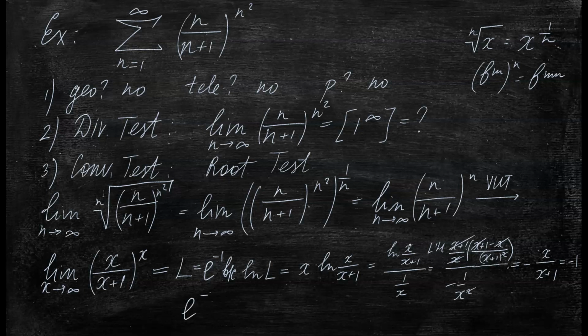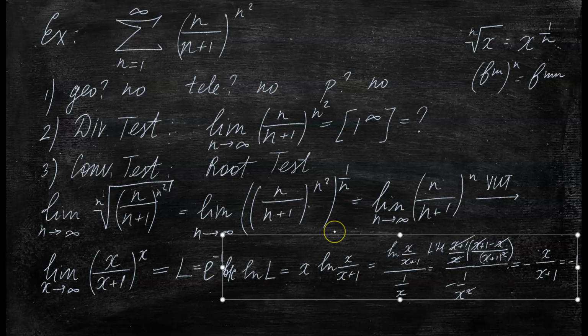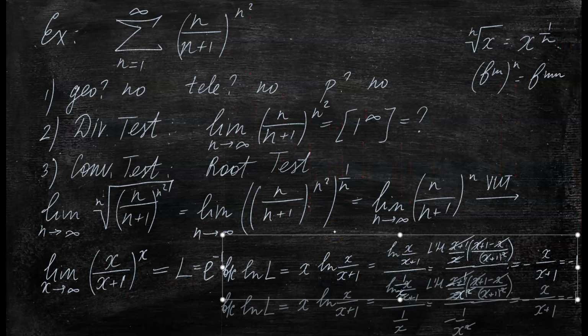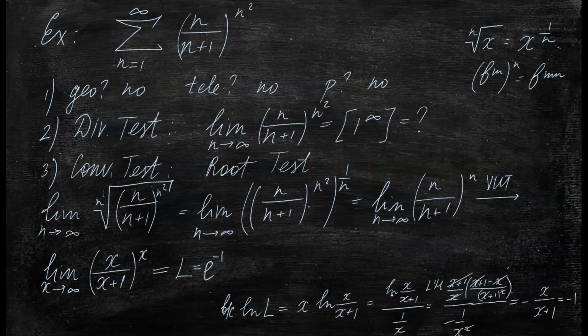Well, e to the power -1 is 1 over e, which is definitely less than 1, and that means that this series converges by the root test.